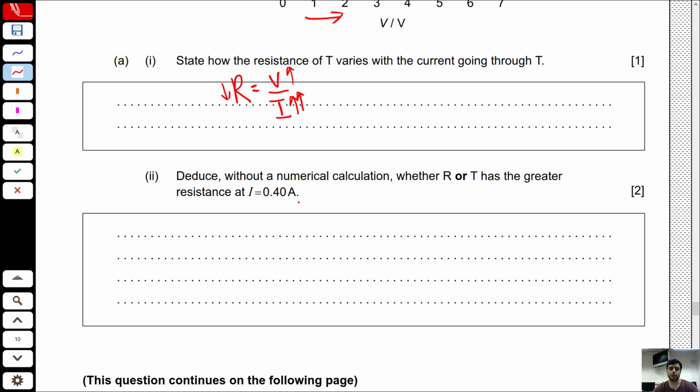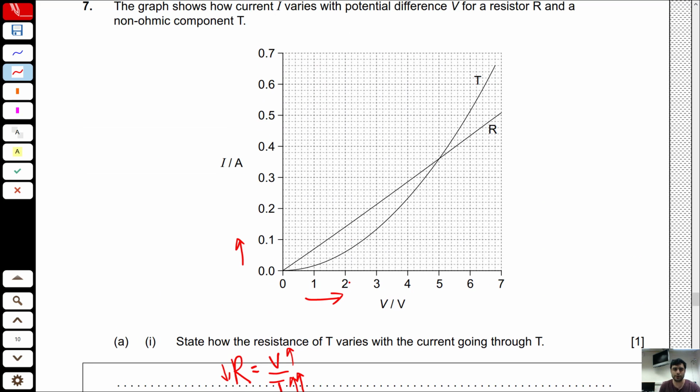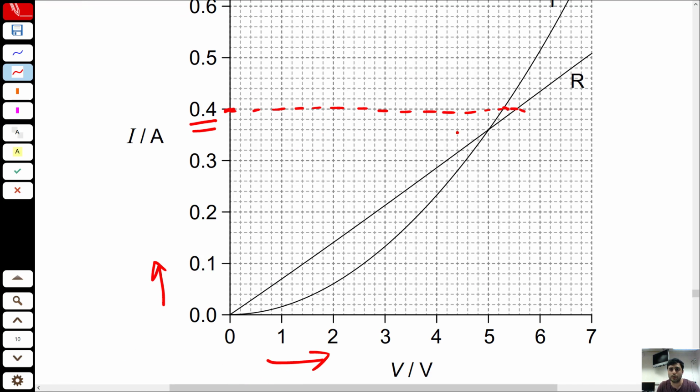Deduce without a numerical calculation whether R or T has greater resistance at I equals 0.4. So when the current is 0.4, we are here. Let's zoom in a little bit.